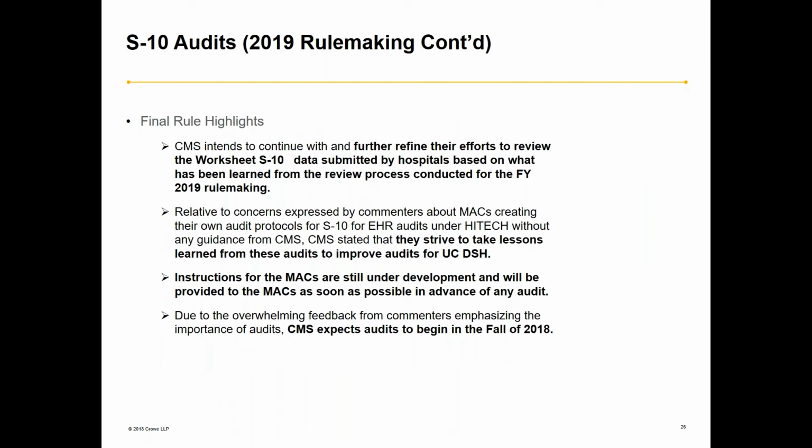But some of the final rule highlights are CMS is going to continue to refine their efforts on S-10 as far as instructions, data submitted by hospitals based on what has been learned. So based on the review process they've been doing, there'll be some further refining of what's going on with S-10. Those instructions to the MAC are still under development.